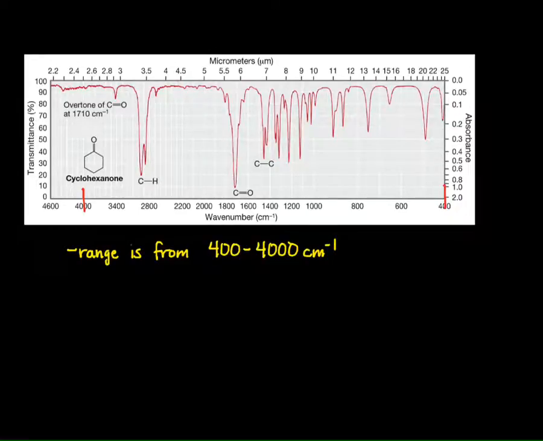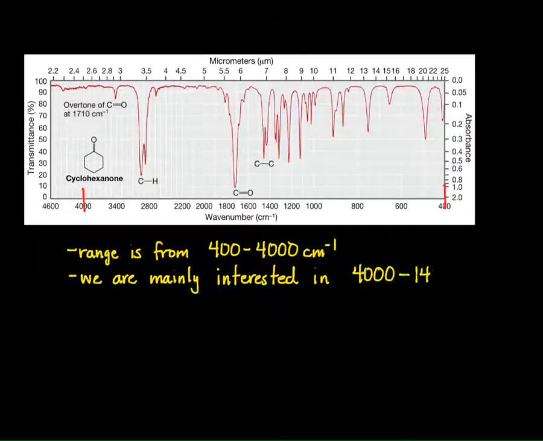And for our purposes, most of the IR spectrum has a lot of peaks, and we can never really distinguish between those peaks. So we're going to narrow it down even further and focus mainly in between 4,000 and 1,400. So we're really confining ourselves to this small window of absorbances.